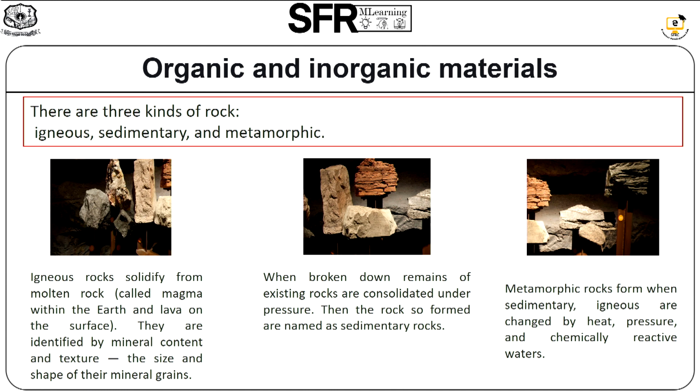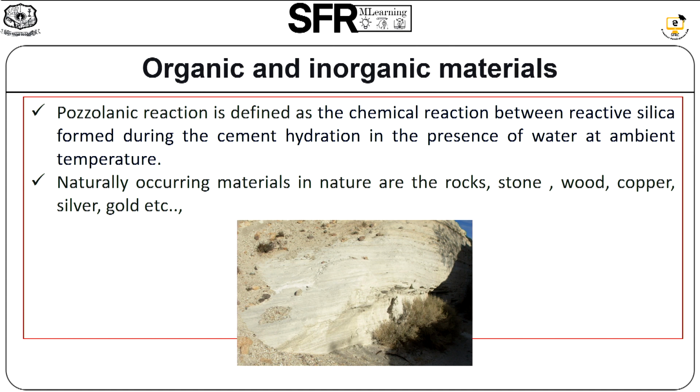The other type of materials, that is pozzolanics, are of particular interest to engineering because they are naturally occurring or synthetic siliceous materials which hydrate to form cement. So volcanic ash, blast furnace slag and fly ash are examples of pozzolanic materials.